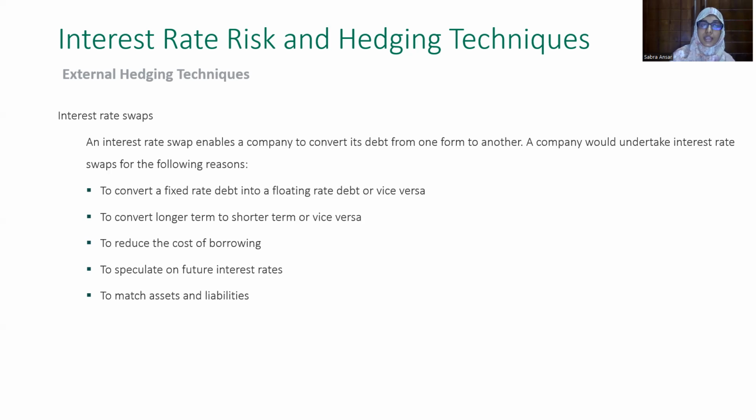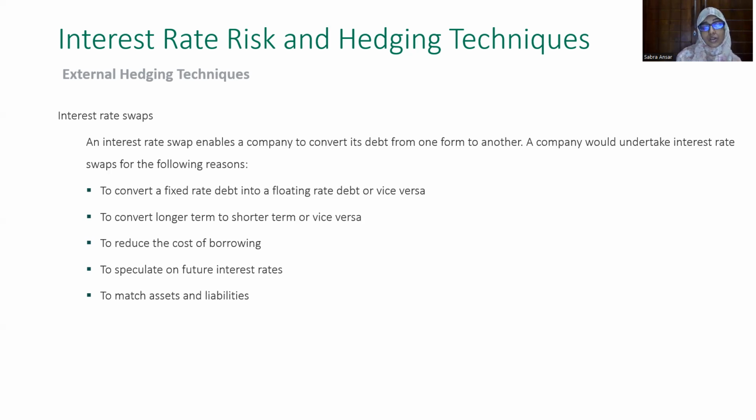So basically here what happens is you swap things like fixed rate to floating rate or floating rate to fixed rate, or a short-term debt instrument to a long-term instrument.